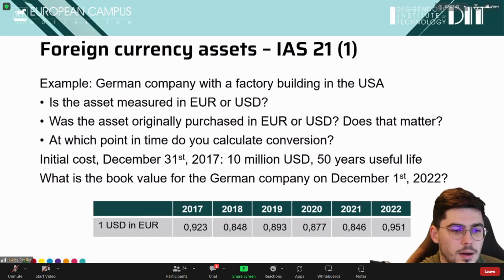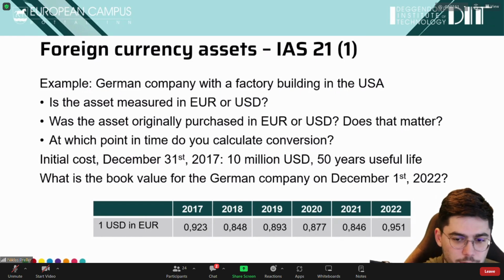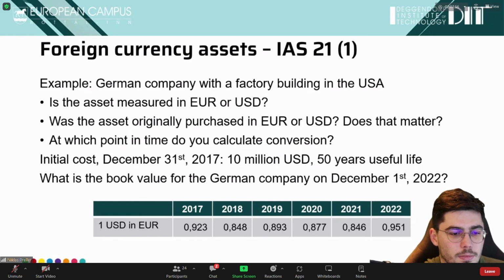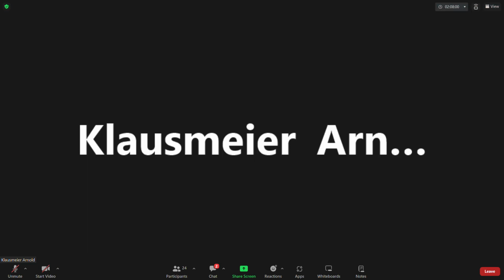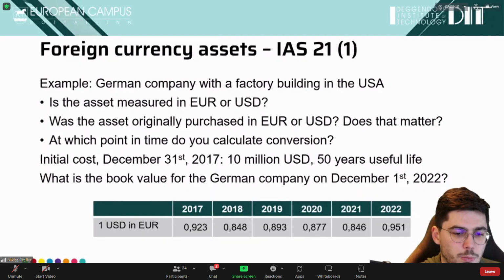So let's say, what would be the book value from the perspective of the German company on December 31st, 2022? Well, it would be the price of the US dollar compared to the euro, at least currently. Okay, so you would calculate that at the end of 2022?